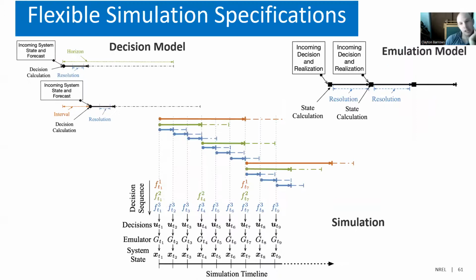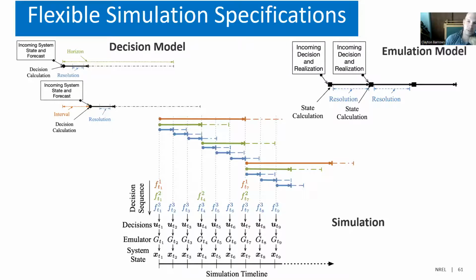Next slide. One of the real benefits of PowerSimulations is that it provides a lot of flexibility around defining your sequence of simulations. We have this concept of decision models where we're really looking at forecasted information, and we're informing decisions about how the system might operate under those expectations of what's going to happen in the future.